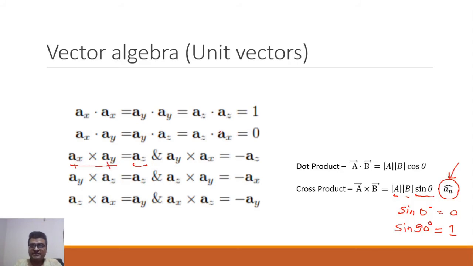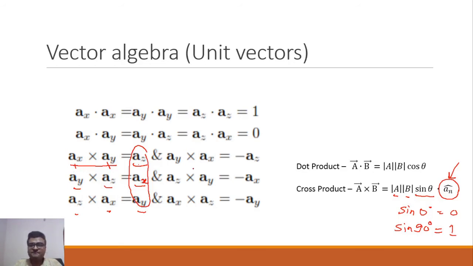So az is perpendicular to both ax and ay. Again, if you cross multiply ay and az, you will get the answer ax. And if you multiply z with x, you will get the answer ay. So we are getting the third direction, and the third direction is always perpendicular to the other two directions.